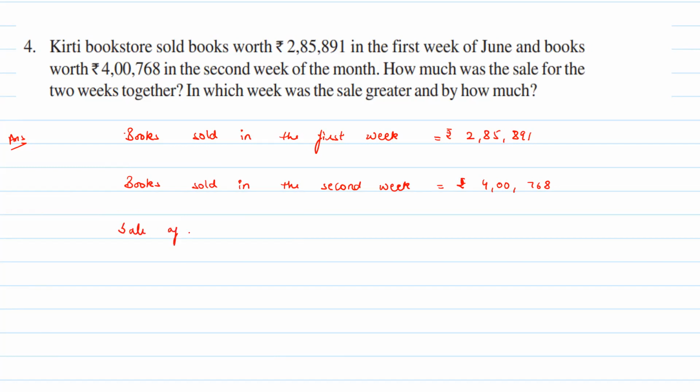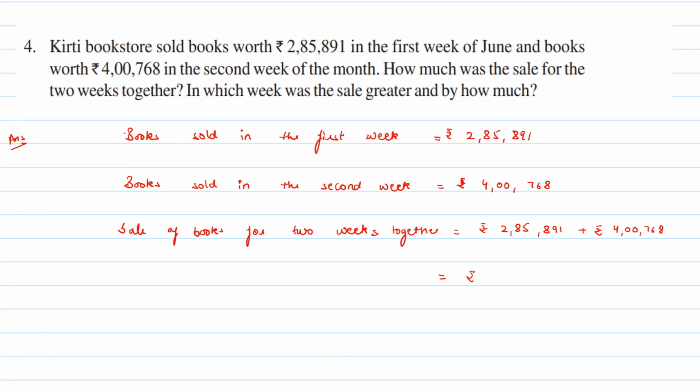Sale of books for 2 weeks, you can write like this, or you can write books sold in 2 weeks together. So you just need to add rupees 2,85,891 plus rupees 4,768,000.